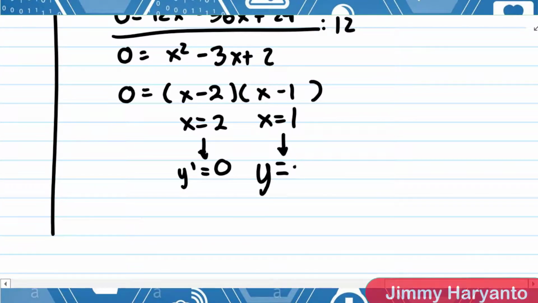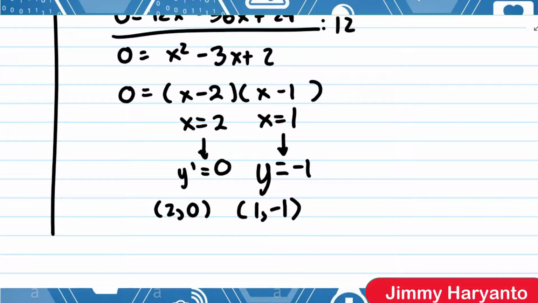So (1, -1). Okay, so we have 2 points for the inflection, but we don't know at this moment whether (2, 0) and (1, -1) will be inflection points or not.